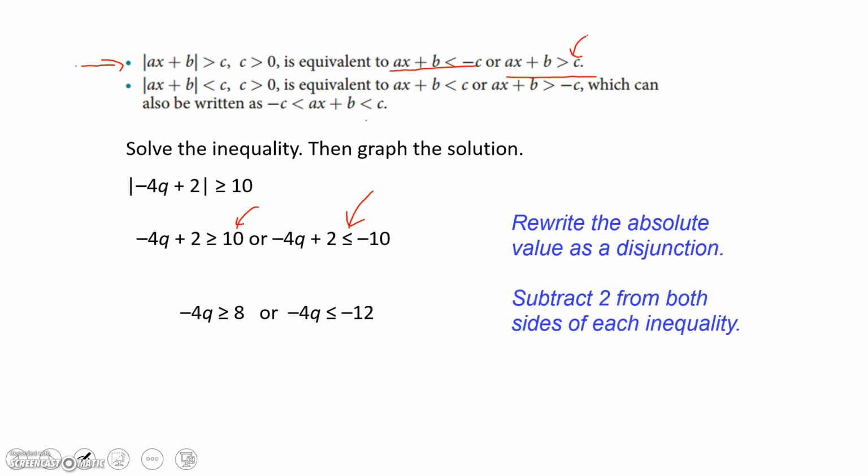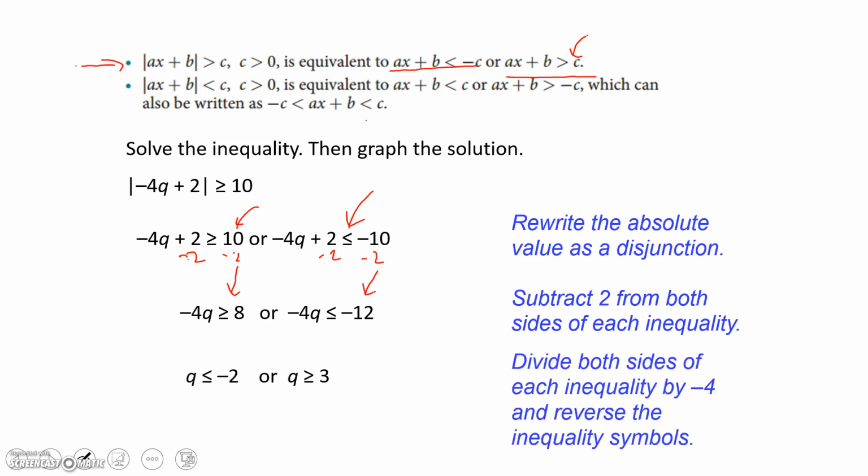We are going to subtract a 2 from both sides of the inequality, from here and from here. So 10 minus the 2 gives us an 8, and the negative 10 minus the negative 2 would give us our negative 12. And then we will finish out by dividing both of our inequalities by the negative 4.